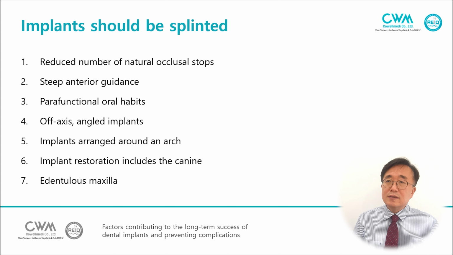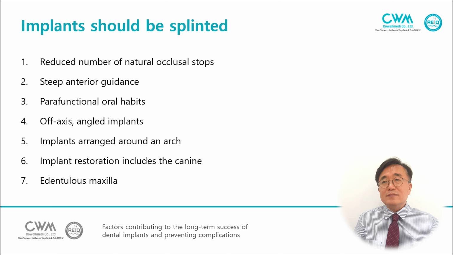And the implant is placed about round arch type, not line type. So in the canine involved case, so the implant position is arched. In this case, we have to do splint.